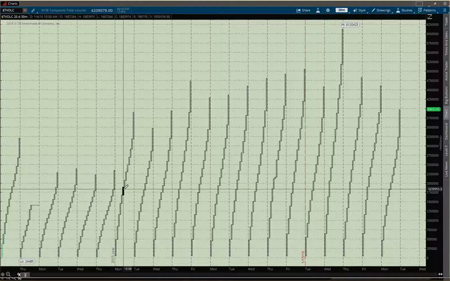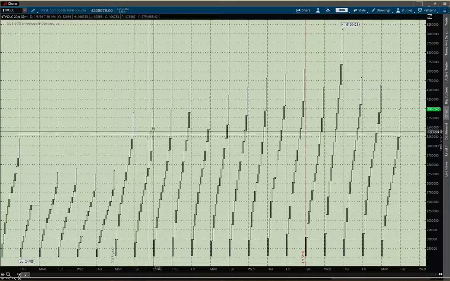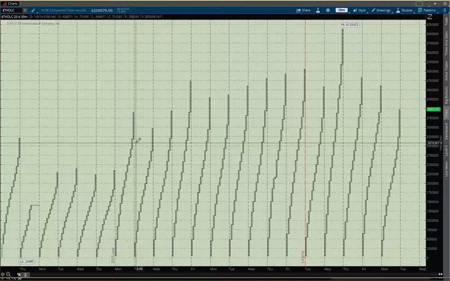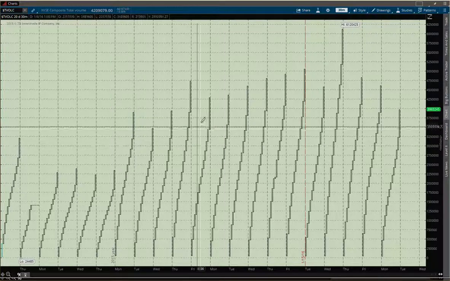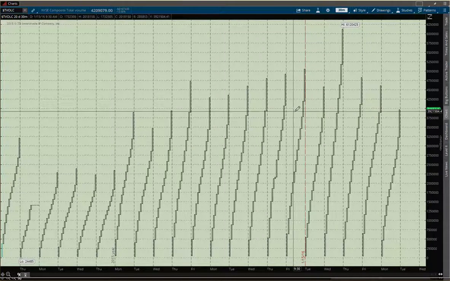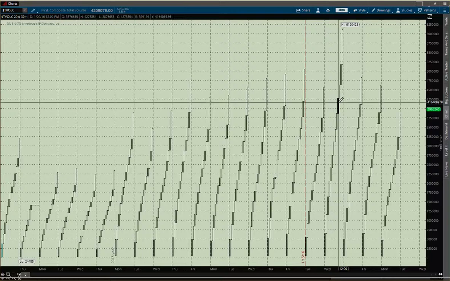So you can see that immediately on the 4th, when the market started trading again, that volume started building. And in fact, last Wednesday I talked about being a major swing point test.